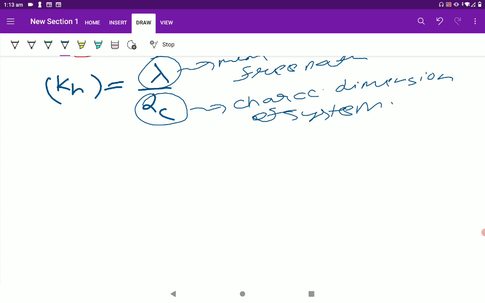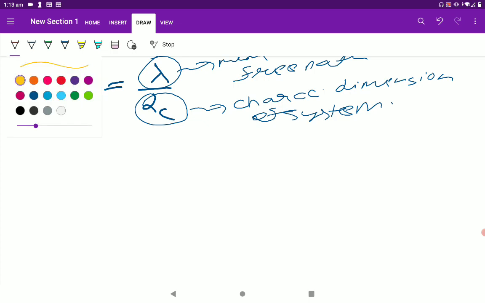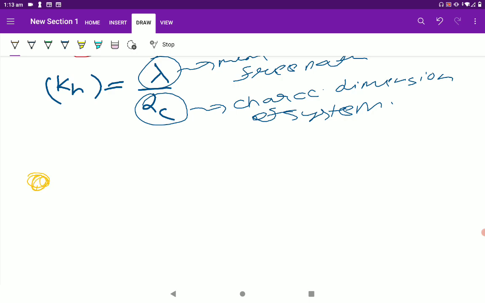Now, for example, in PVD process, the characteristic distance is the distance between the source and the substrate. Atoms are emitted from the source, suppose this is the source, and this is the substrate. Atoms are emitted from the source and they move towards the substrate.